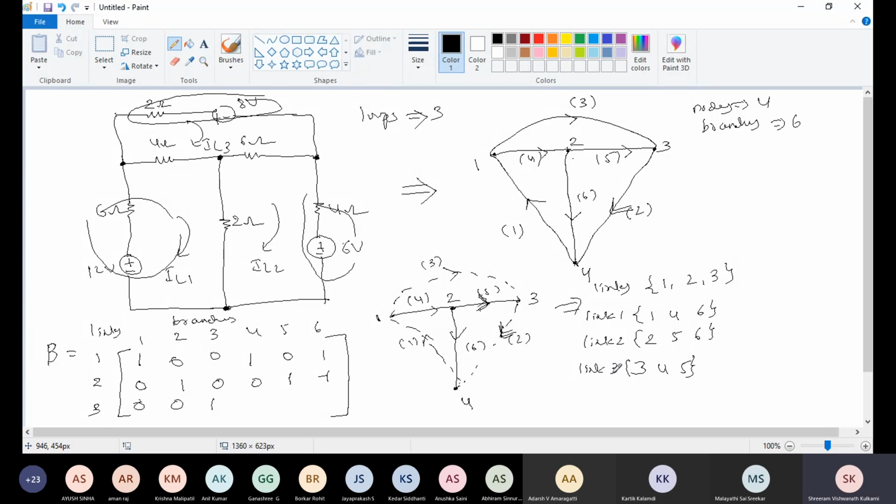Always, whatever the link number is, that is +1. Then 4 is opposite, 5 is also opposite, correct?